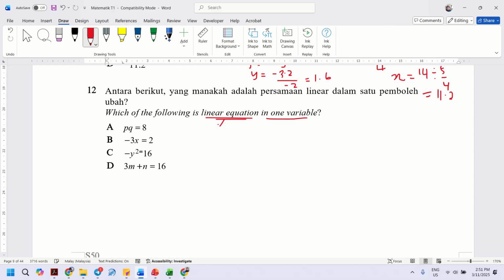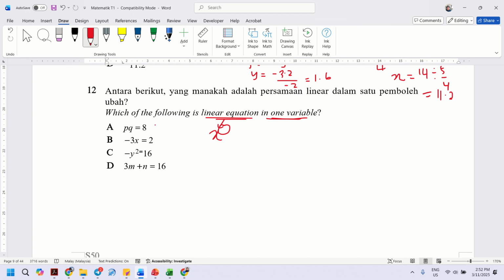It must have only variables with the power of 1. We didn't write any power here, so it must be in power of 1. In an equation with one variable, there must always be one unknown only.